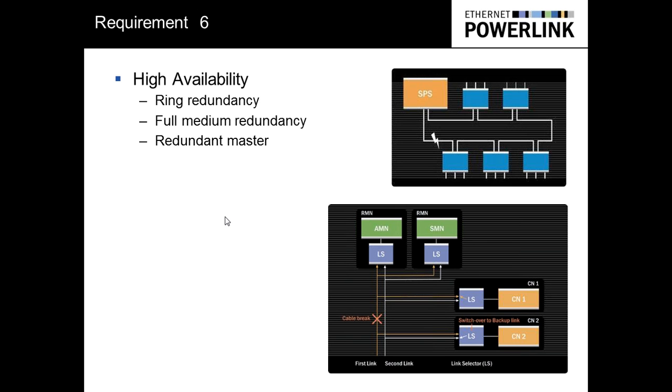The redundant master will basically take over the responsibility of the network, and the system continues to function. And again, this failover can happen within one cycle time. POWERLINK supports up to 9 redundant masters. And you can have some very, very highly reliable CPUs as redundant masters. So you end up with a very safe network and with a high degree of availability.